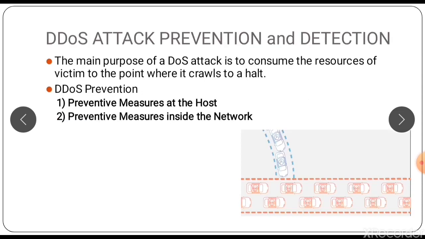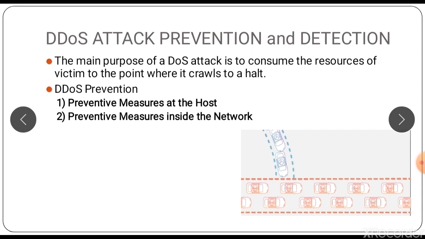Next we'll see what we mean by a distributed denial of service attack and how it can be prevented and detected. The distributed denial of service attack is a malicious attempt to disrupt the normal traffic of a target server or network by overwhelming the target or its surrounding infrastructure with a flood of internet traffic.